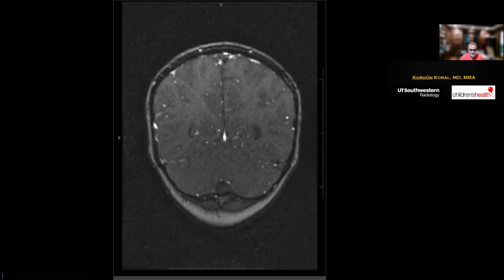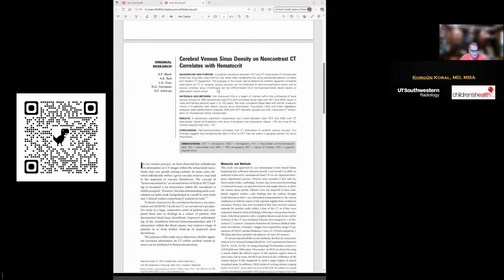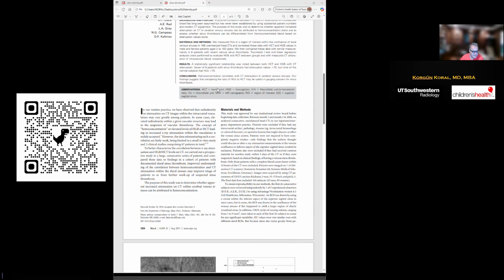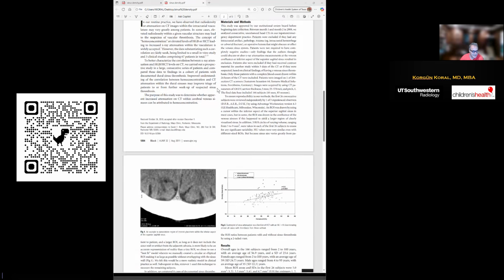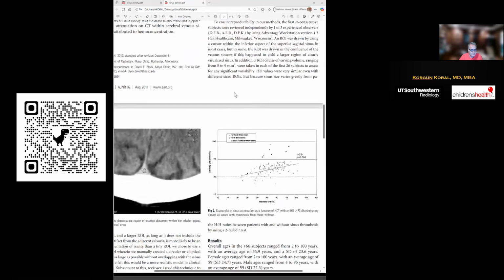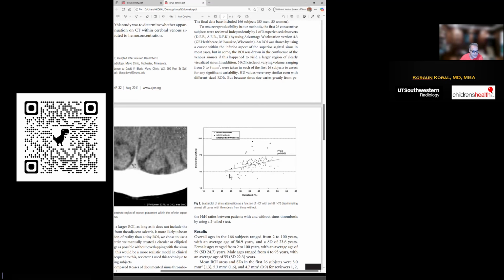So what density is abnormal? This is a paper from AJNR, now 14 years old. In this paper, they looked at the relationship between the hematocrit levels and the Hounsfield units of the sinuses, and there is a positive correlation between the hematocrit and density, as this line shows.